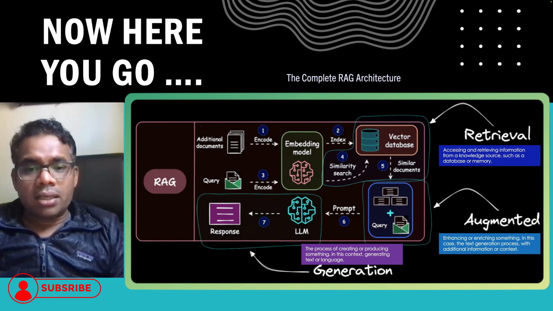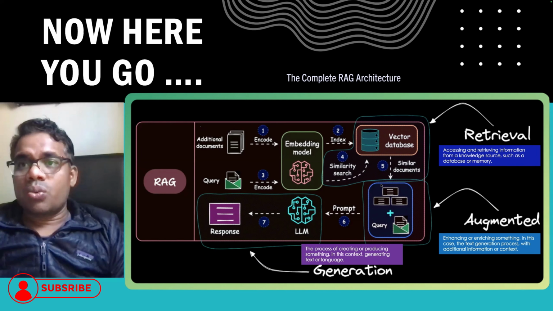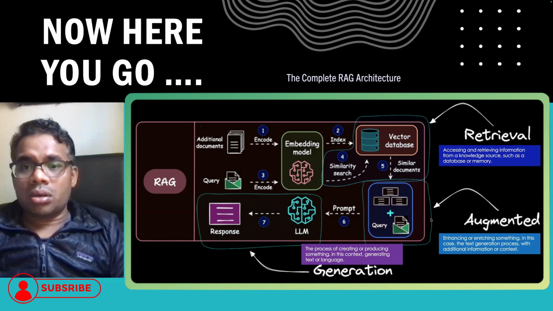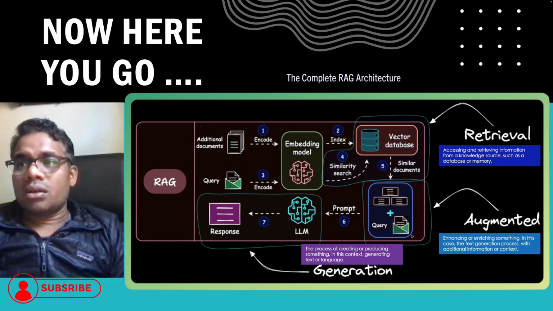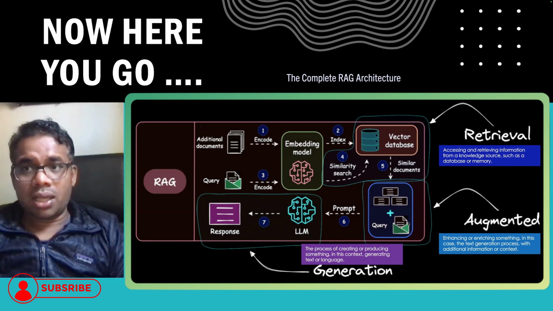What is augmented? Augmented is nothing but enhancing or enriching something, in this case the text generation process, with additional information or context. So whenever we are trying to augment any information, that information is pulled from a data store and converted into a specific format and matched.